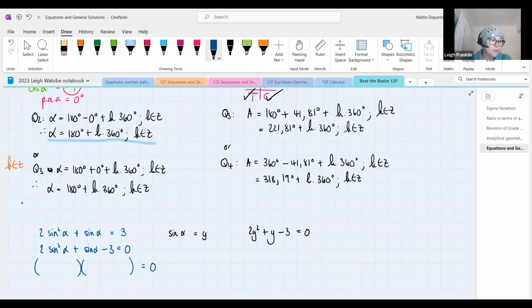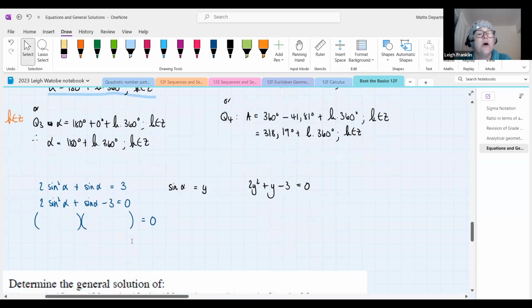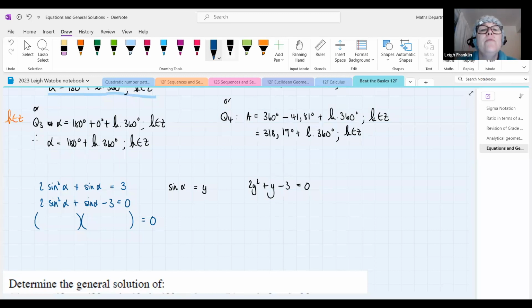Remember, in the line with your factors, don't leave off the equals 0, because they mark us on factors the whole way through. If we were factorizing this on the right, we would put 2y in the front of the first bracket. We'd put y in the front of the second bracket. Okay, so 2 is a prime number and 3 is a prime number. So they've been kind to us now.